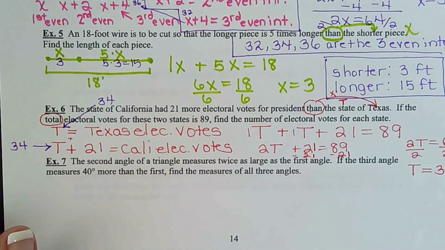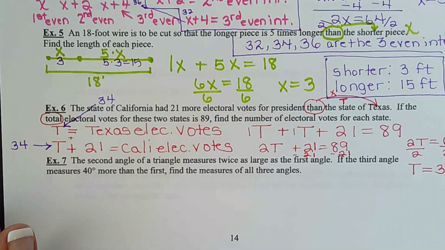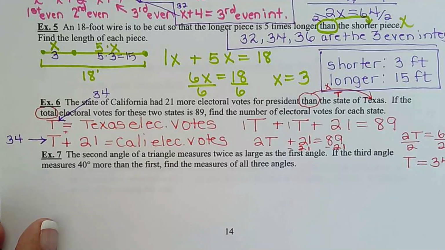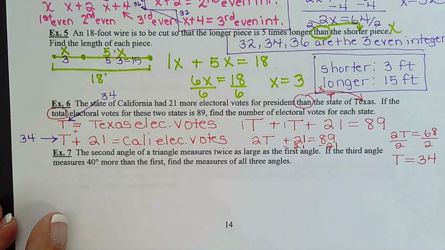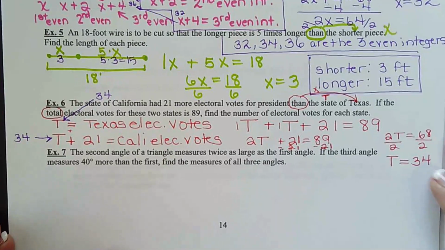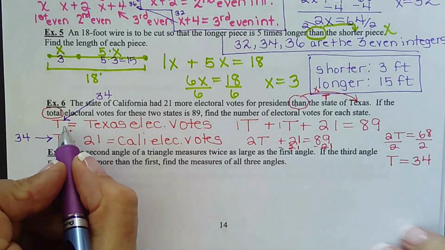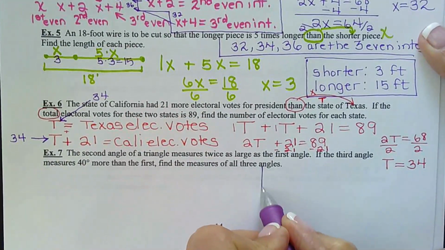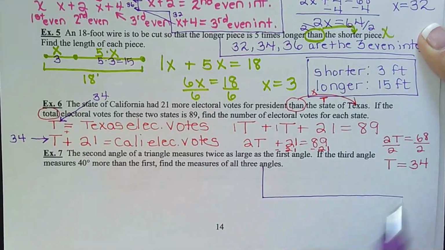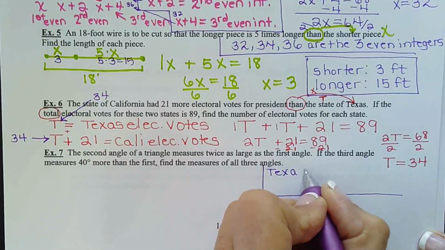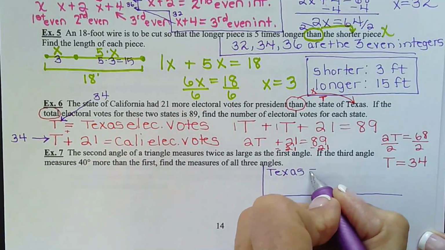And I see I have my paper a little bit big. Oops, let me make it just a tiny bit smaller so it's all fitting on the paper. There we go. So we have, again, I'm going to have to encroach on this problem. So Texas has 34 votes.